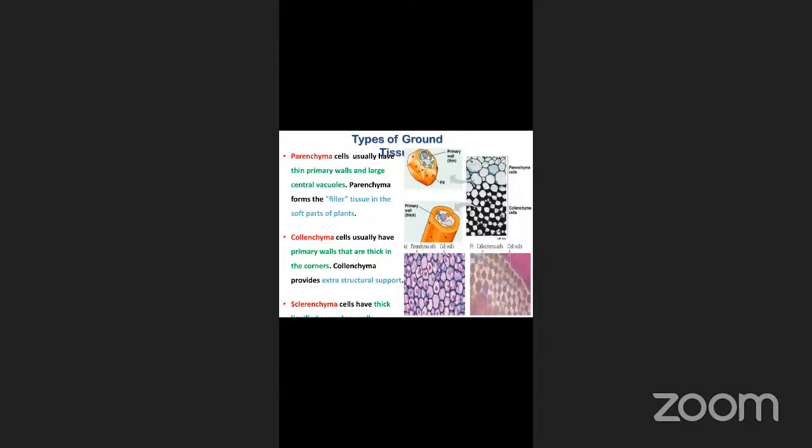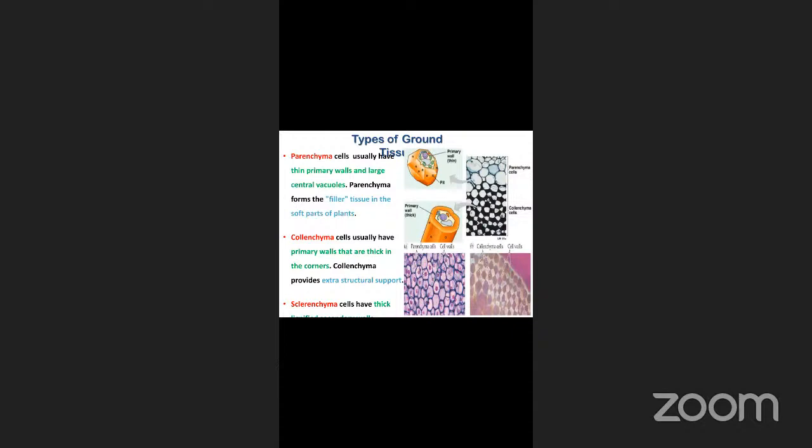Beetroot and onion scales hold solid particles or liquids in the cytoplasm, such as starch, protein, oil, and fats, all stored in the form of liquid. That is storage parenchyma.